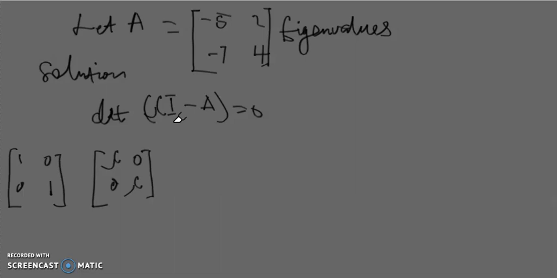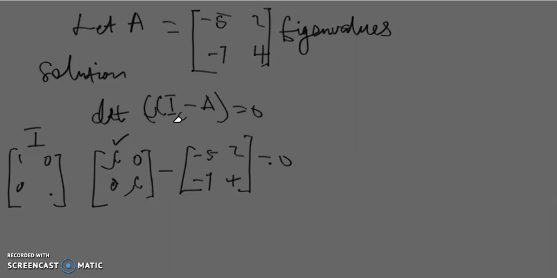So if you multiply each of these, this is an identity matrix, and when you multiply by lambda, this is what you get. So we simply subtract this from the original matrix, which is -5, 2, -7 and 4, and all these must be equal to 0. This is exactly what we do when we refer to eigenvalues.